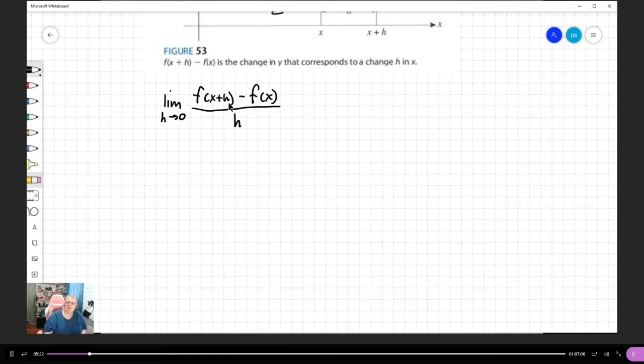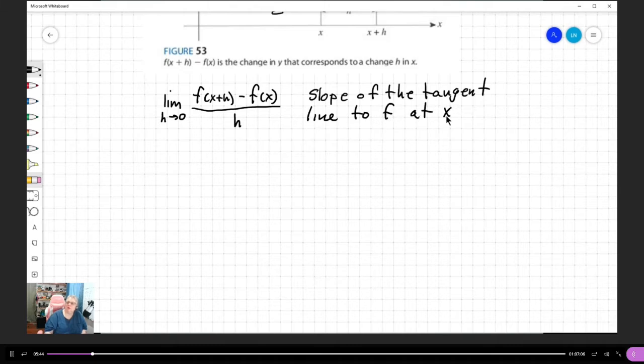So this right here, this difference quotient with the limit as h goes to 0, represents the slope of the tangent line to the curve f at an arbitrary point x. So that's how we go from an average rate of change, the slope of the secant line, to the slope of the tangent line by letting h approach 0.